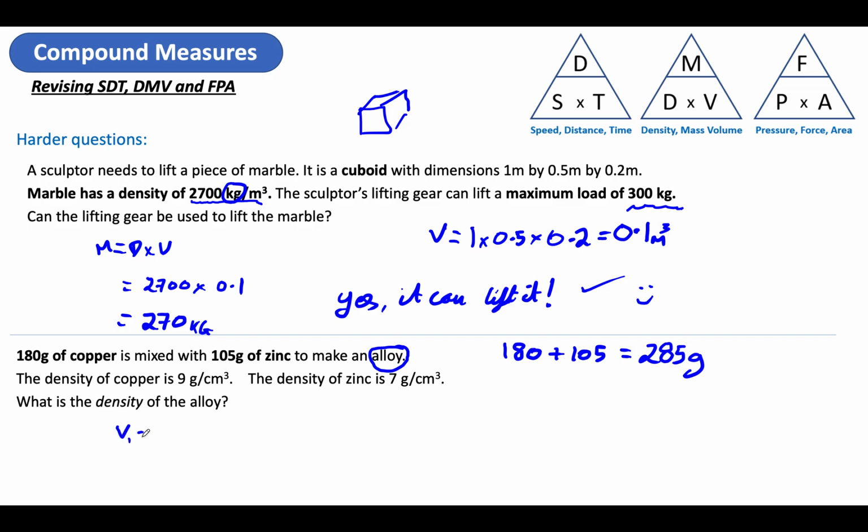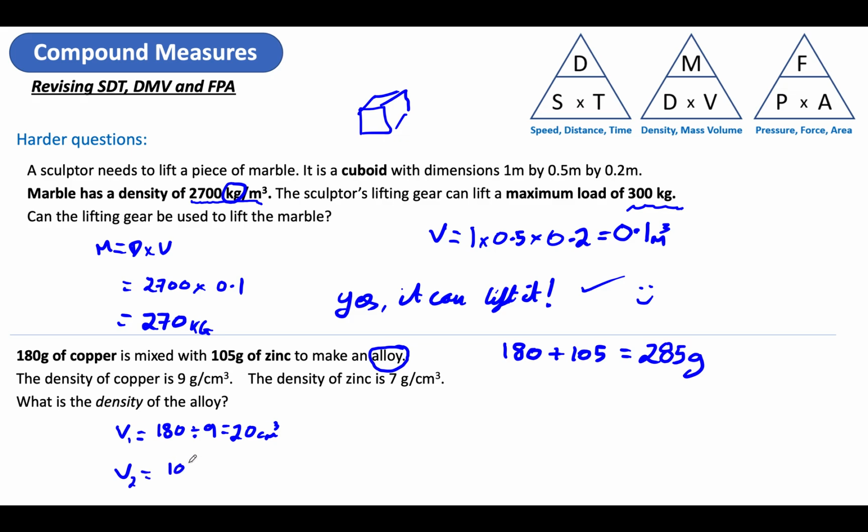Okay, what I need to know now is the volume. Let's do V1, the volume of the copper. Volume is mass divided by the density. So that's 180 divided by the density of 9, which is 20 centimeters cubed. And let's work out the volume of the zinc, V2.